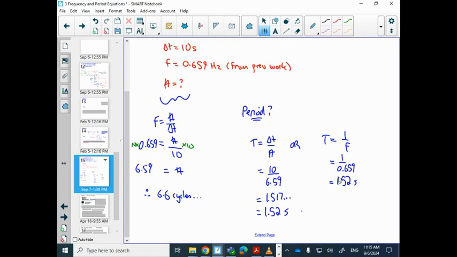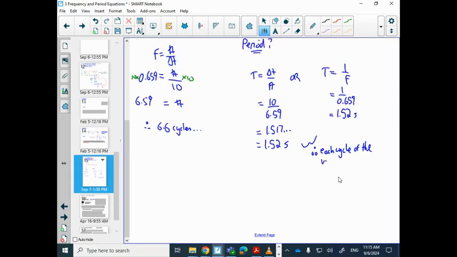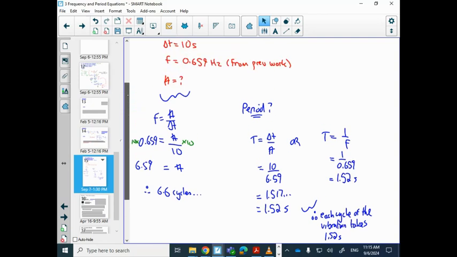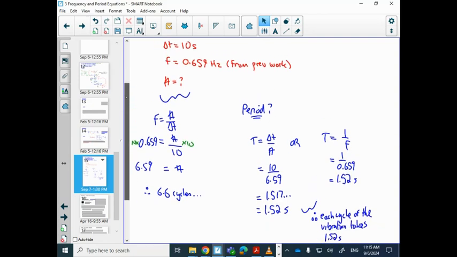So in the end, it'd be like, therefore, each cycle of the vibration takes 1.52 seconds, give or take. So that's the idea of that.